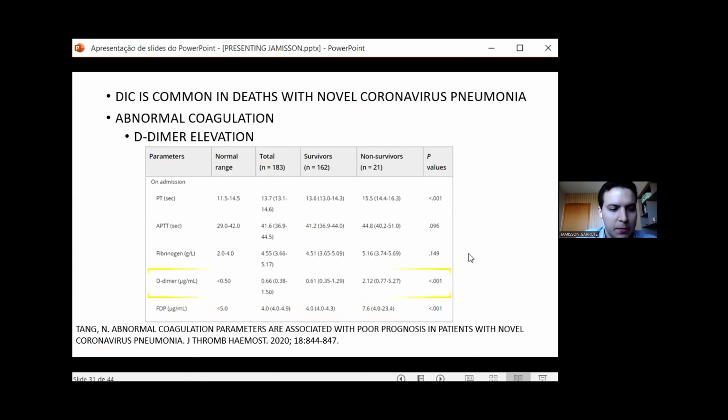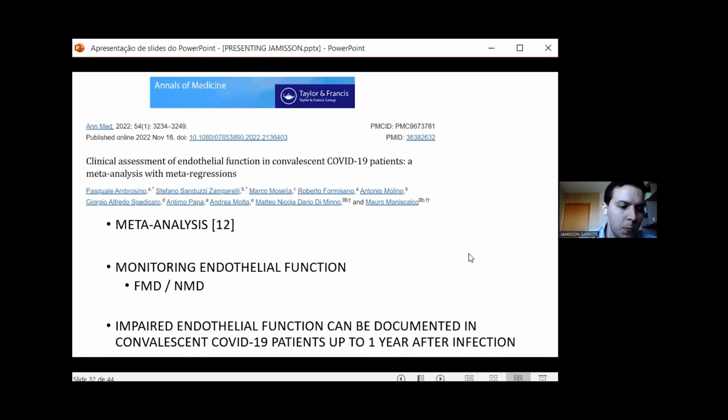Like you can see in that paper, low levels of D-dimer are related to the survivors. So it is confirming the mild presentation of the case we are talking about, because it was a mild case in the phase of pneumonia, but it evolved with an episode of limb ischemia.